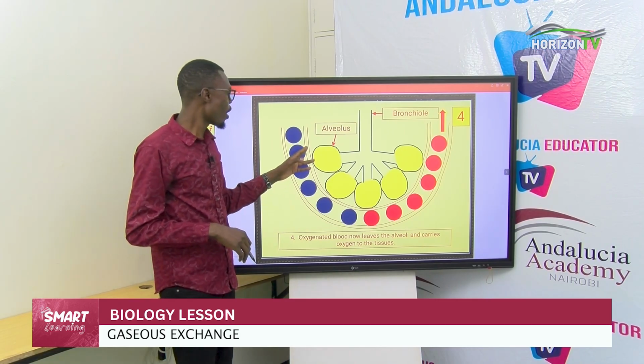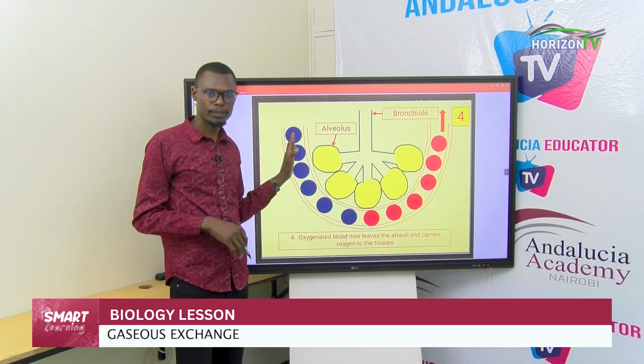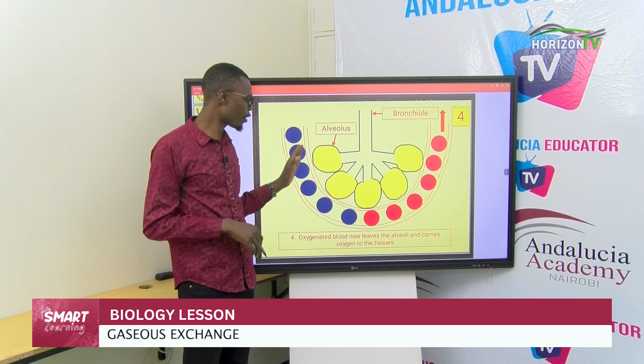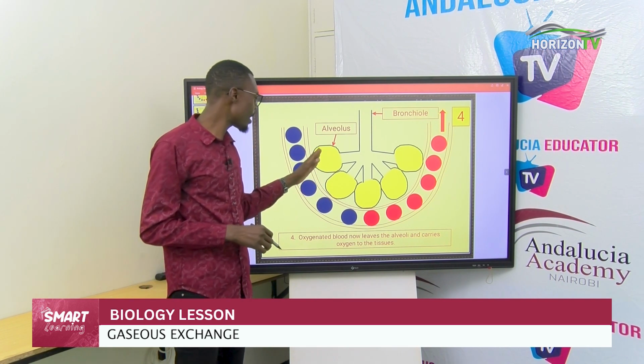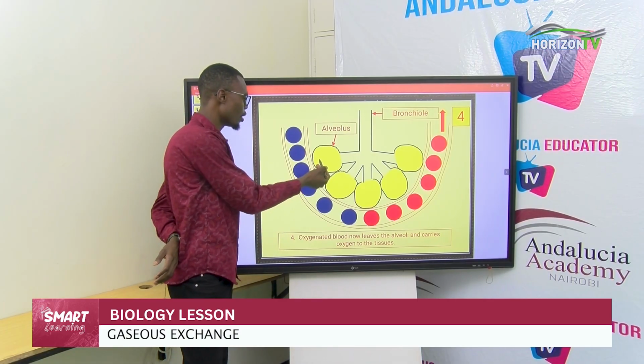Two, the walls of the alveoli are very thin, one cell thick, to reduce the distance.